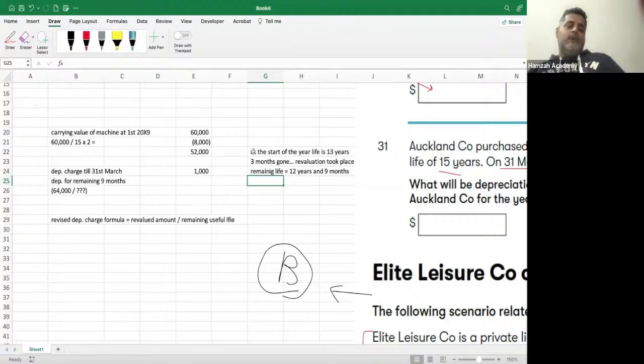Now, what I can do is convert it to the number of months, because I have to calculate for the 9 months over here. Either I should convert the 12 years into months, or I should convert the 9 months into the number of years, right? That's going to be 9 by 12.